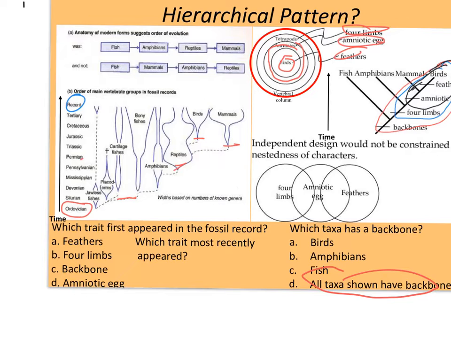Okay. Which trait first appeared in the fossil record? Feathers, 4 limbs, backbone, or amniotic egg? Backbone. Good. Which trait most recently appeared in the fossil record? Feathers, 4 limbs, backbone, amniotic egg? Feathers. Good.